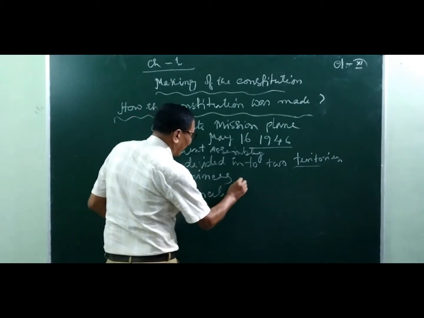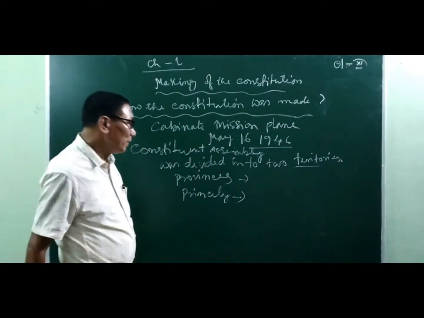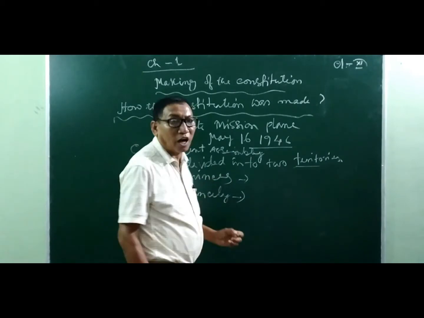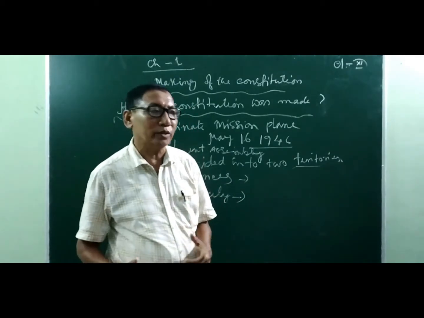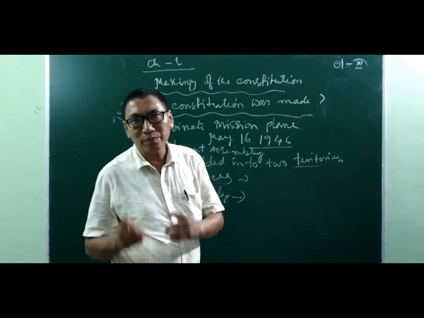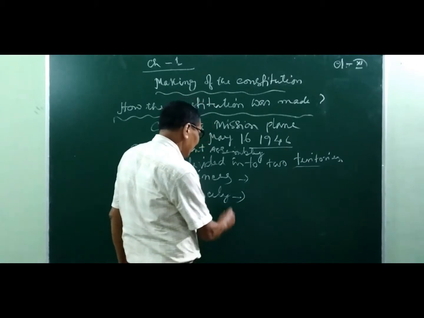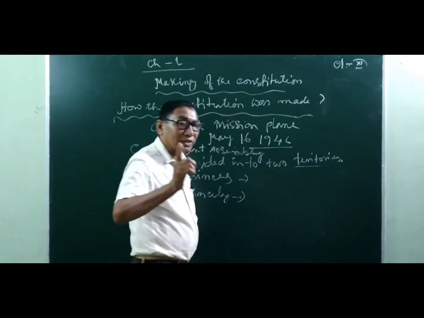So the government made divisions: from the provinces, how many constituent members they have to elect, and from the princely states, how many members they have to elect. So that is why they put numbers.